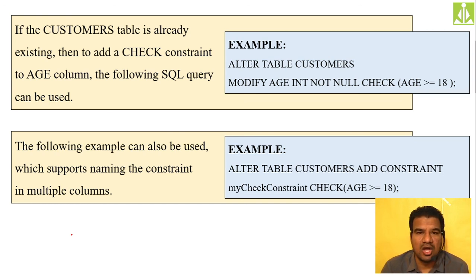Since you already have such entries, it will deny enforcing that condition on the table. So just make sure all the entries before applying this check constraint are greater than 18 years. Then only you can apply this check constraint on that table. Otherwise you will get an error.